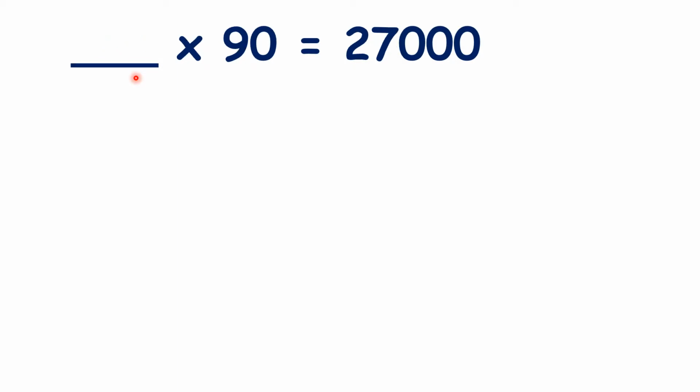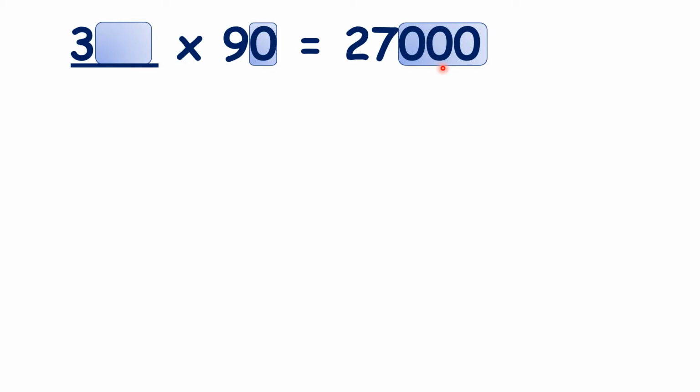But now, what times 90 equals 27,000? Well, we know that 3 times 9 equals 27. But now we need to think carefully about our zeros.